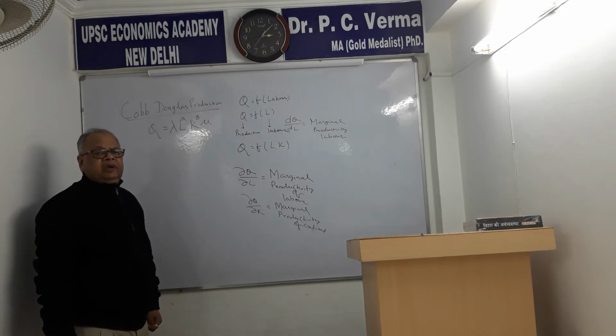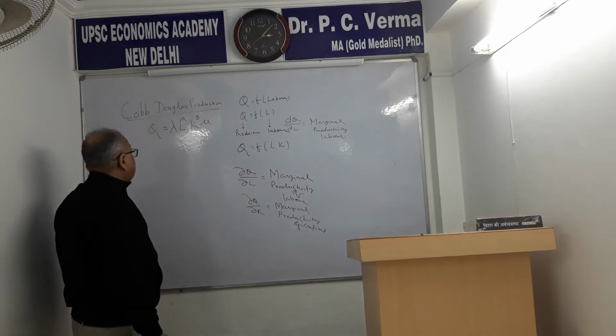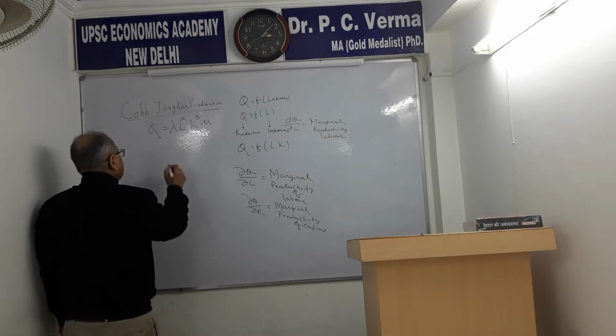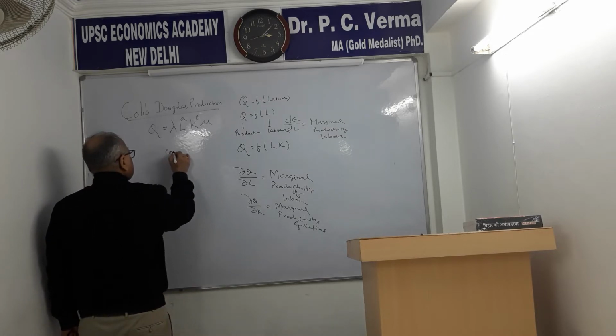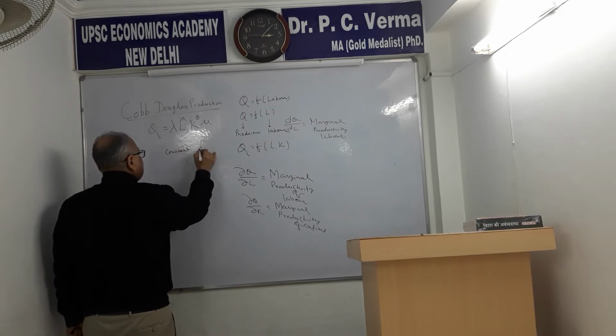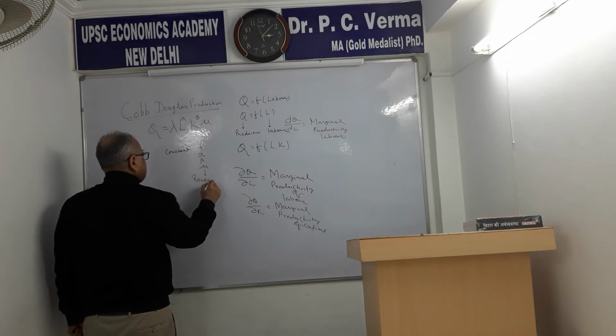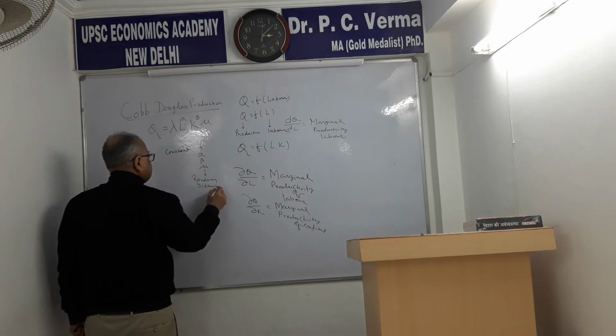Here alpha, beta, lambda and mu, 4 are constants. This mu is random disturbance.